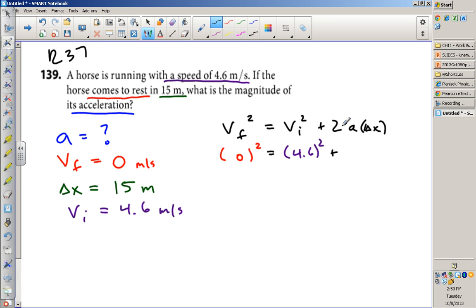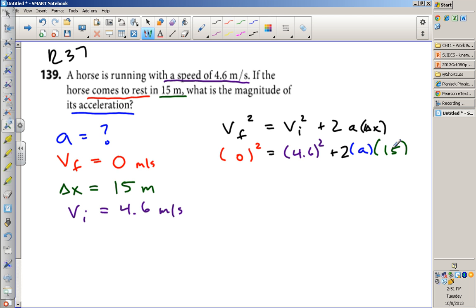Plus 2 isn't a variable. It's part of that equation, so that just stays. But next, we don't know what the acceleration is. We're trying to solve for that. But we do know that the displacement is 15 meters. Okay?